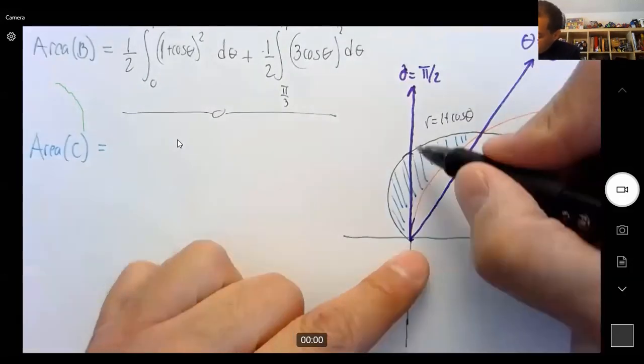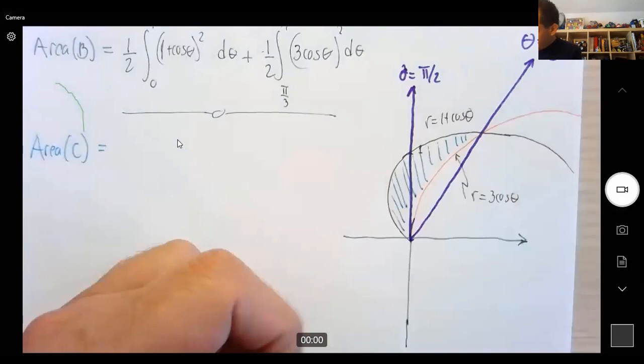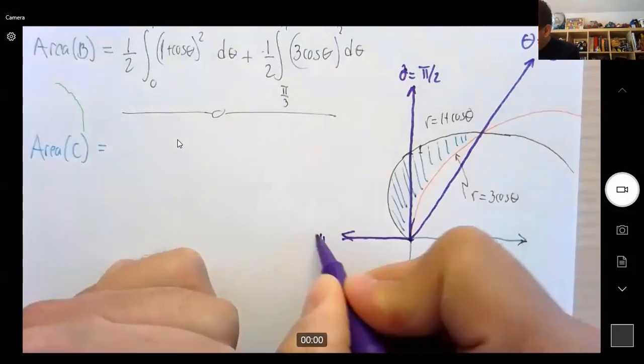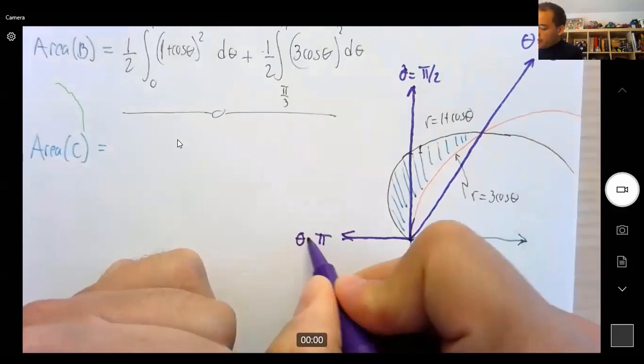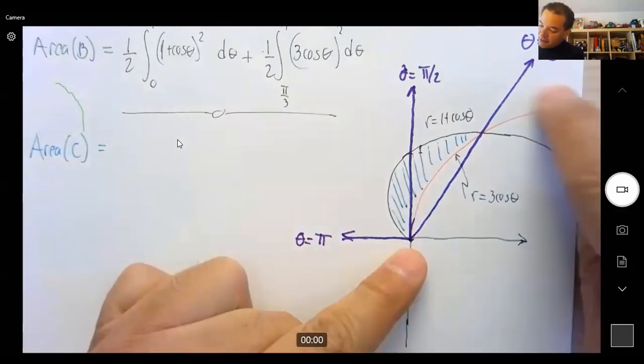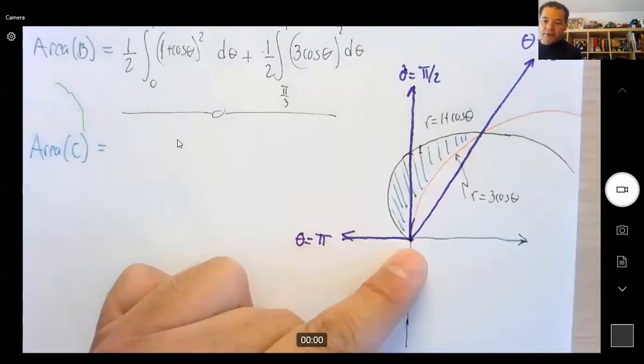But then from pi over 2 to pi, which is where the cardioid finishes, the circle plays no role, right? It's only the cardioid. So it's only this little piece of the cardioid that matters, okay?